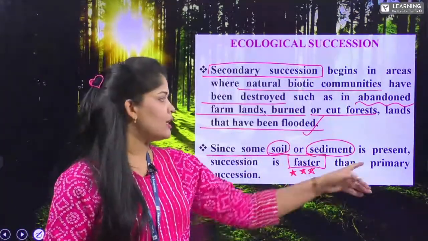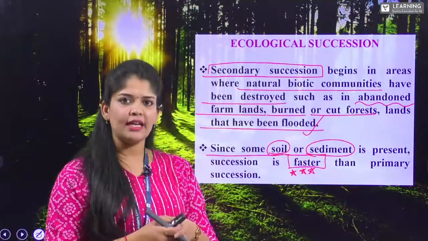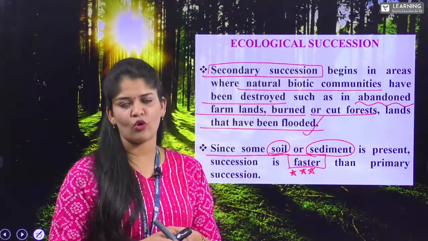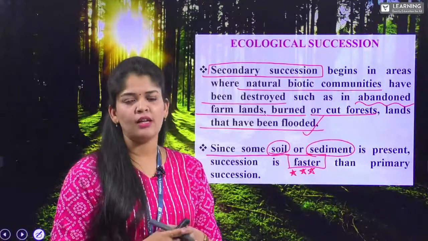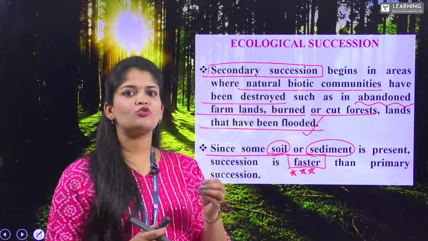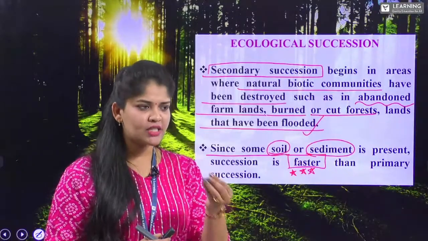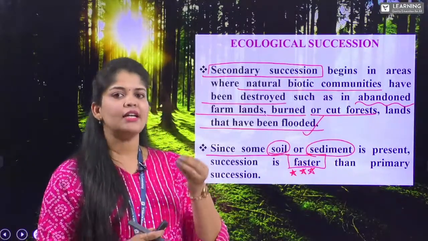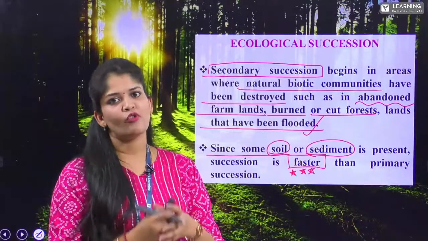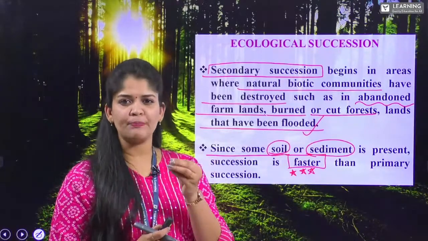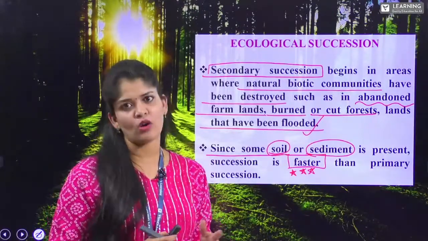The reason is that primary succession starts in an area where there are no living organisms at all. For the germination of seeds, we need soil, and for that it has to undergo weathering. Formation of soil from bare rocks takes a very, very long time.